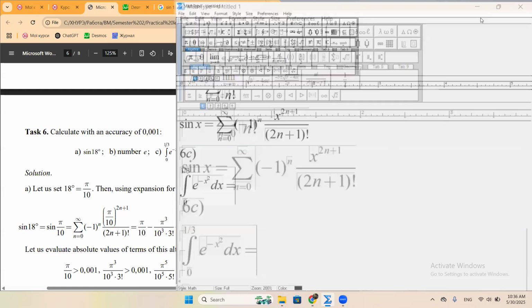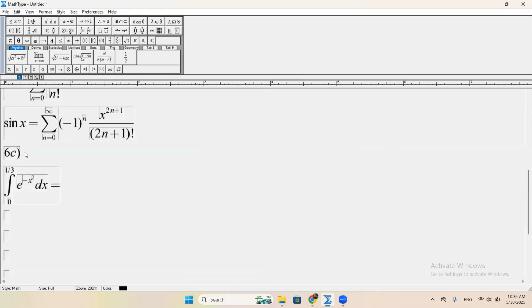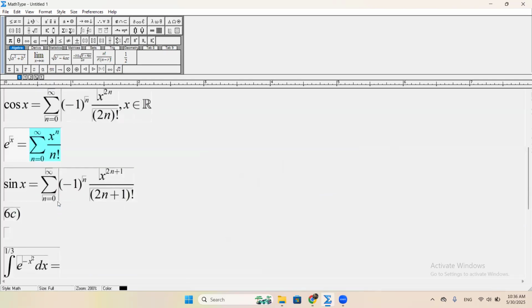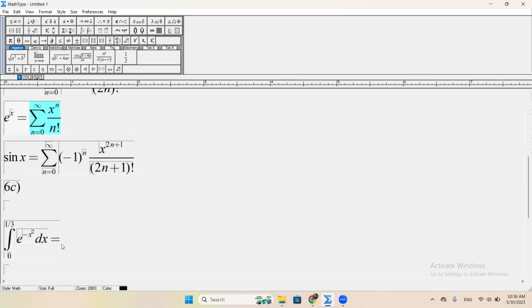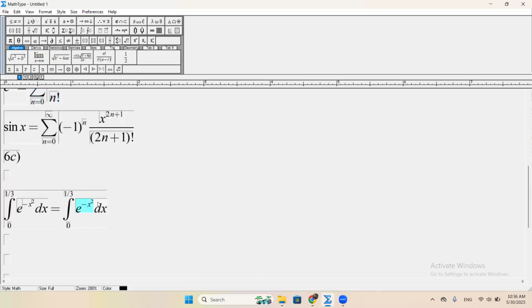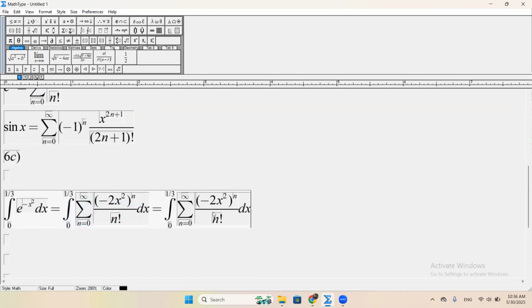So how to calculate it? We will use the standard expansion of the exponent, but we will substitute minus x in power of 2. So replacing the exponent with this series, and here will be minus x squared in power of n. And then let's expand it a little bit.